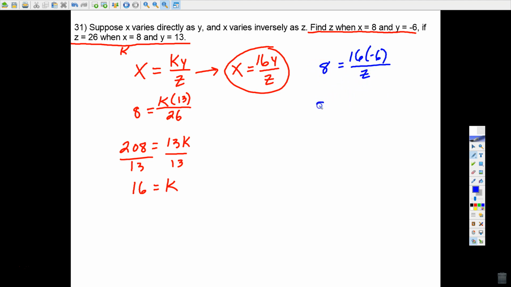So I'm going to multiply by z on both sides. 16 times -6 should be -96. 8z is -96, and dividing by 8 on both sides, I get z is -12. Alright, so hopefully by doing that sampling, that will help you with all of the other problems that you were asked to do. And if you have any questions, let me know on Tuesday.